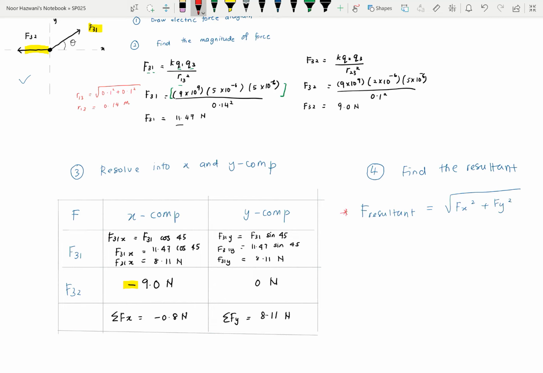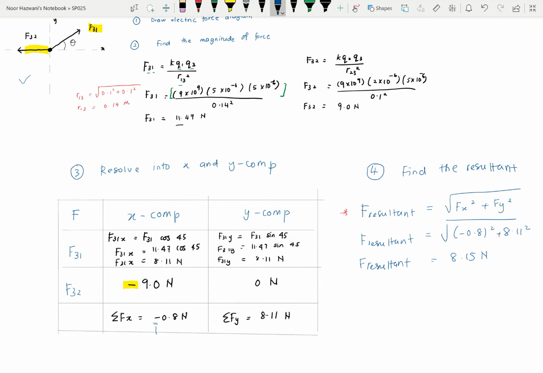You will get marks. Tapi kalau you tak tulis, you akan lose marks. So plug in all the value yang you dah dapat tadi. So, F resultant you akan sama dengan Fx adalah negatif kan? Betul? Kat sini. So, you kena masukkan negatif juga. Walaupun bila you square kan, dia akan dapat positif kan? But then, kita akan tengok markah penggantian. Be careful dengan penggantian. And then, press your calculator. So, you will get 8.15 Newton.